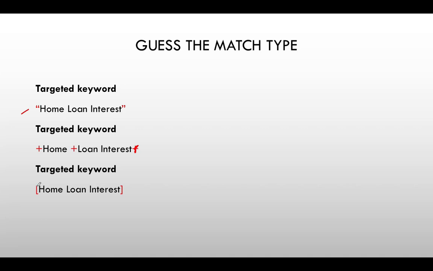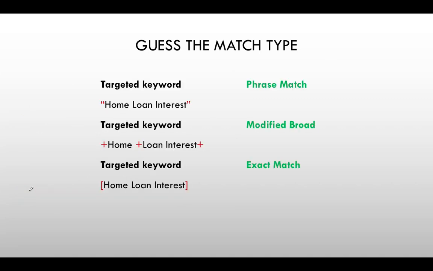The third keyword contains a square bracket before and after the keyword, so this is exact match. Just check your answers. Again, you don't add a plus sign after the word; it's usually before the word. So these are the answers.